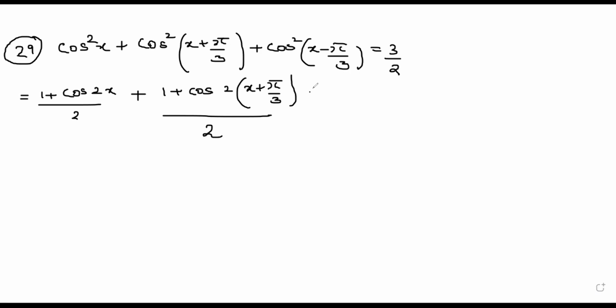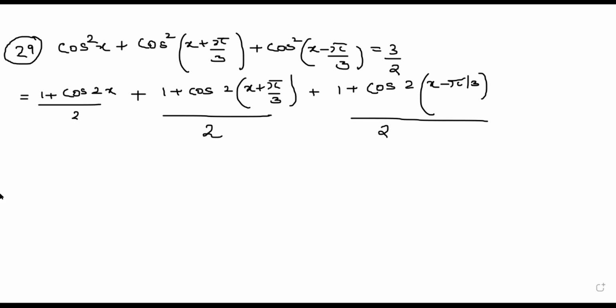Okay, plus 1 plus cos, this is the angle, so 2 into x minus pi by 3, by 2.